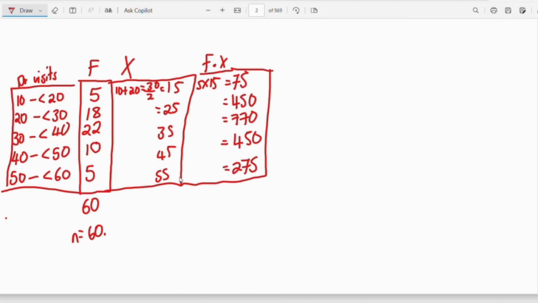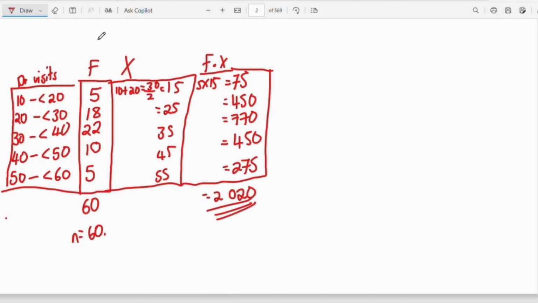So we can add everything: 75 plus 450 plus 770 plus 450 plus 275. This gives us 2020.